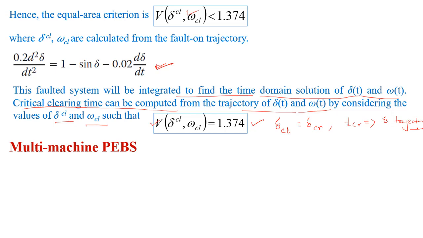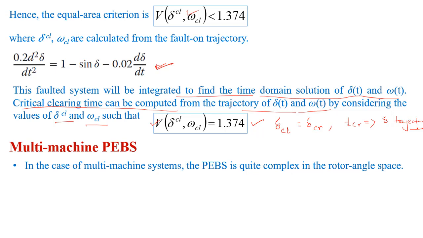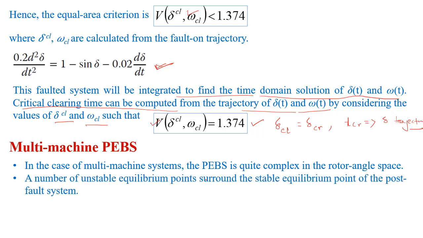Up to this point we discussed the single machine infinite bus system. Now let us consider the multi-machine potential energy boundary surface. How can it be implemented in the multi-machine system? In case of a multi-machine system, the PEBS is quite complex in the rotor angle space. A number of unstable equilibrium points surround the stable equilibrium point of the post-fault system.